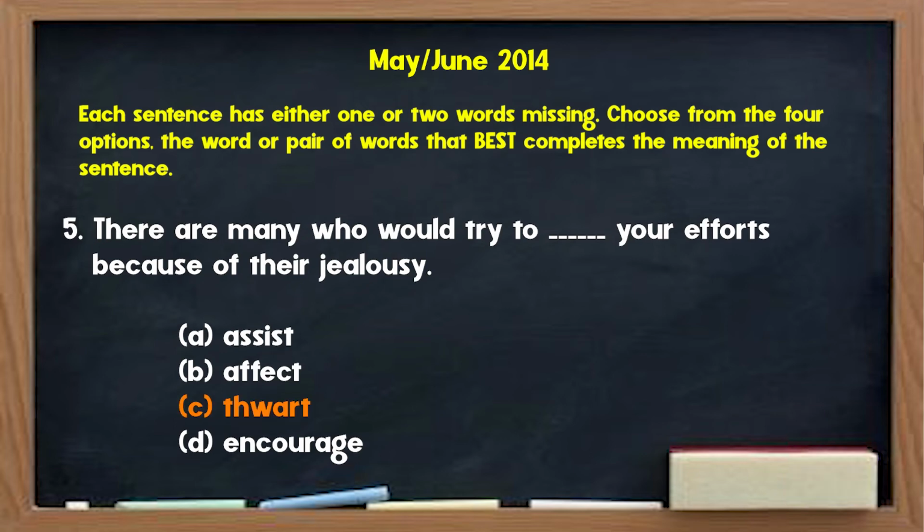We know that assist and encourage do not really make much sense if inserted in that sentence. So we're left with affect and thwart. But given the meaning of the word thwart, which means to hinder, that would be our best option. So the sentence would read, there are many who would try to thwart your efforts because of their jealousy.